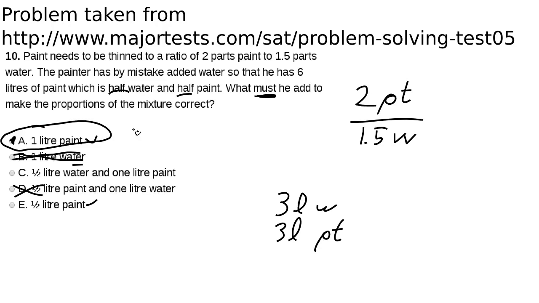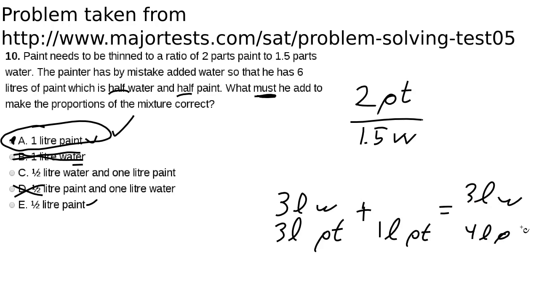I think I've got an answer there of A. If he adds 1 liter of paint, this plus 1 liter of paint will give him 3 liters of water and 4 liters of paint, which is the right ratio, I think.